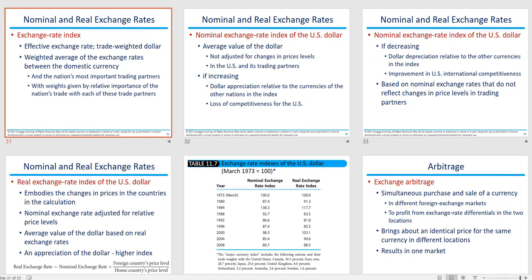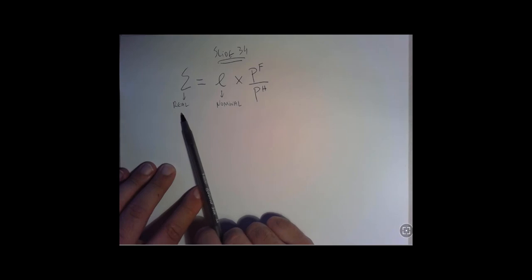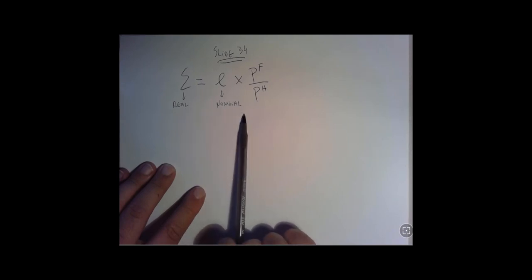Then Carbaugh proceeds by talking about exchange rate indexes and the difference between the nominal exchange rate and the real exchange rate. So I'm going to derive this formula by hand to better explain this concept. So on slide 34, you are given a formula that gives the relationship between the real exchange rate and the nominal exchange rate.